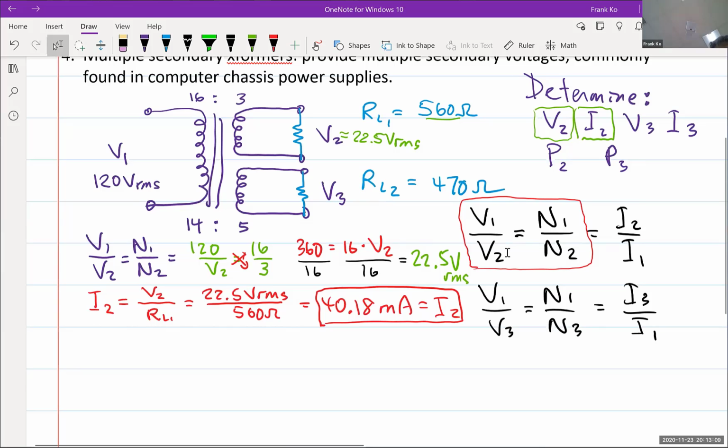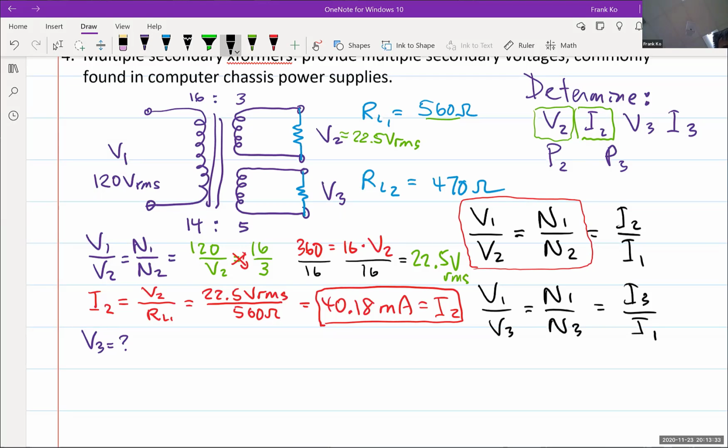All right. So I'm now going to be looking for an I3. So how do I find my V3? So Jacqueline, you were about to say? Give me the formula to set things up. V1 over V3 equals N1 over N3.